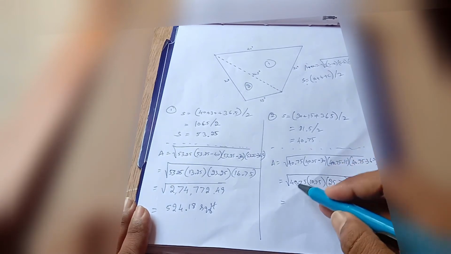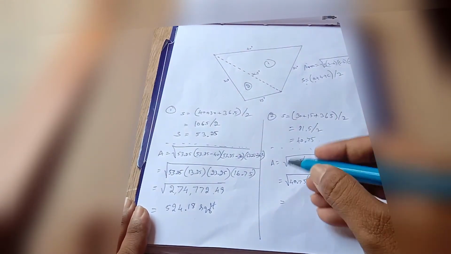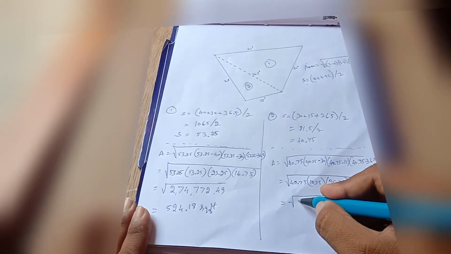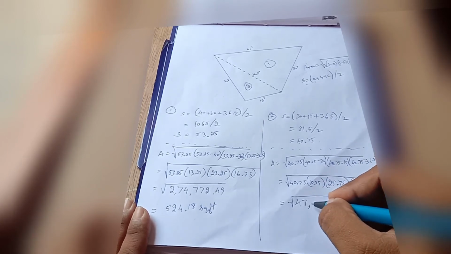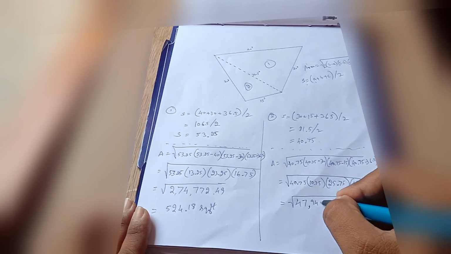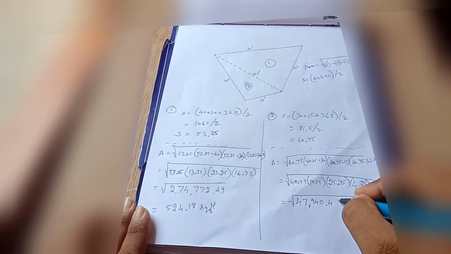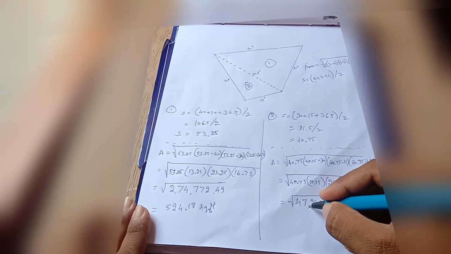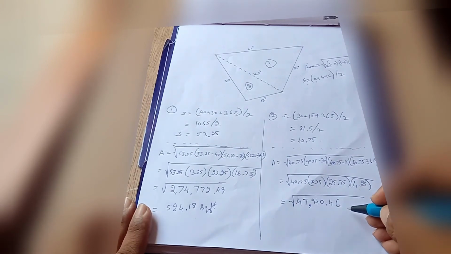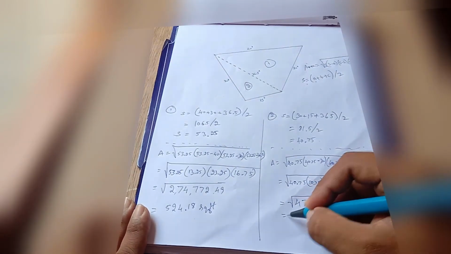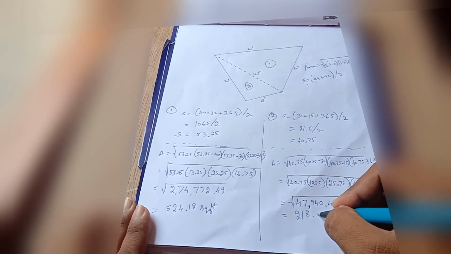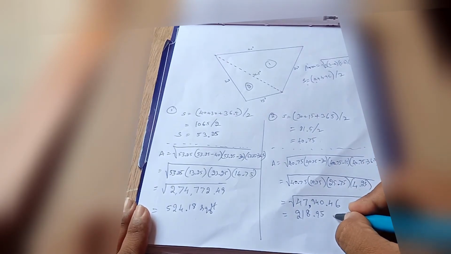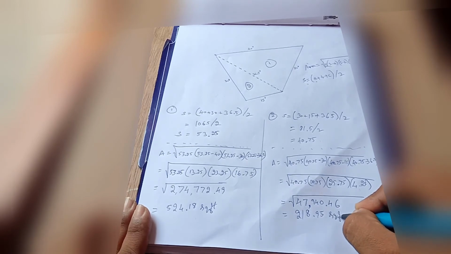So we need to multiply all these four numbers, and the number we get is 47,940.46. We need to find the square root of this number, that is 218.95 square feet.